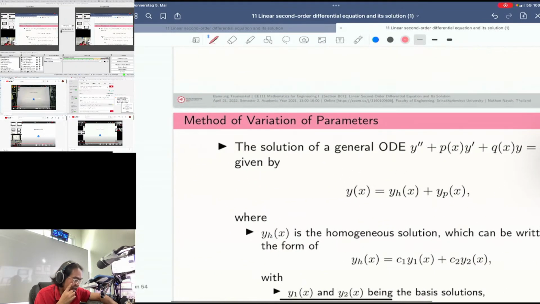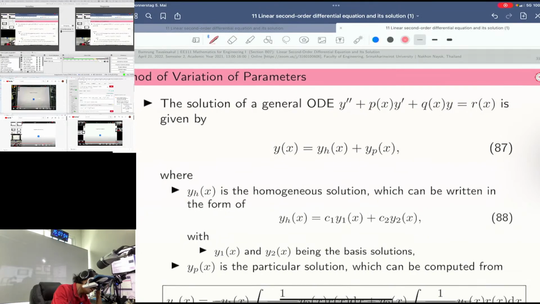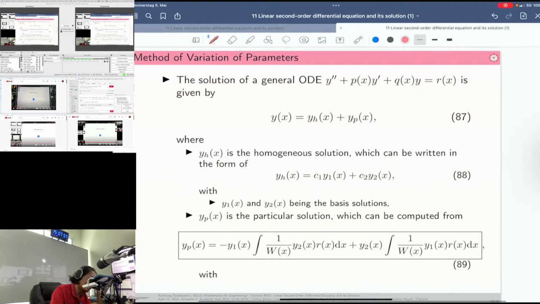Okay, we arrive at the method of variation of parameters. Let's consider the case when the coefficient here is not constant.